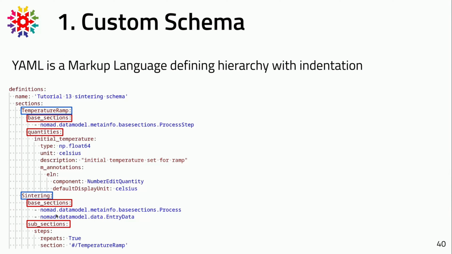Then we have essentially three subsections. There are base sections, where we list all the inheritance that we have in our defined class. Then we have quantities, where we write the data fields that we want to extend the classes with, and subsections, where we compose other classes inside when needed.